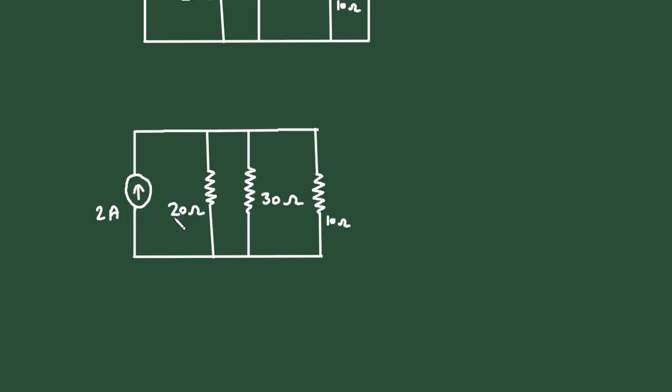Here we can see this 20 ohm and this 10 ohm are connected in parallel. We will keep this 30 ohm as it is and we will solve only for 20 ohm parallel with 10 ohm. So it will be 20 multiplied by 10 divided by 20 plus 10.